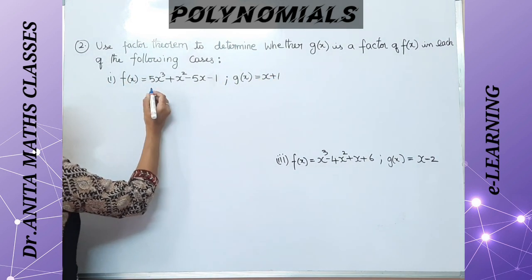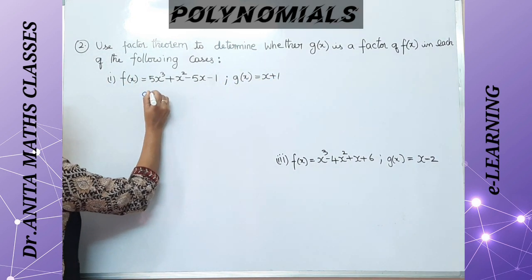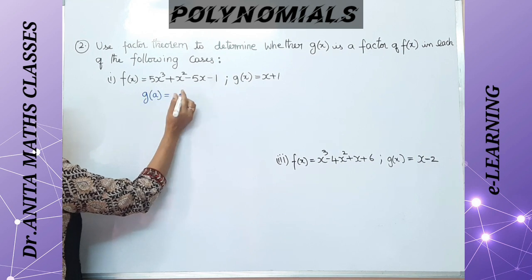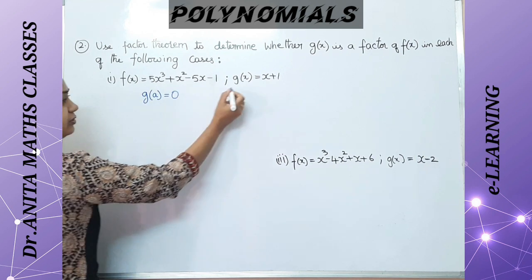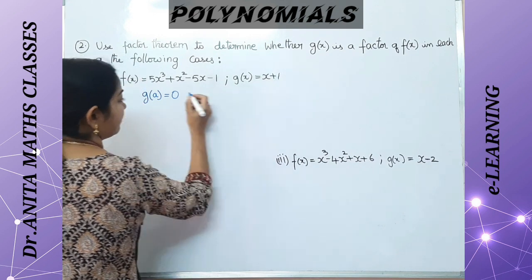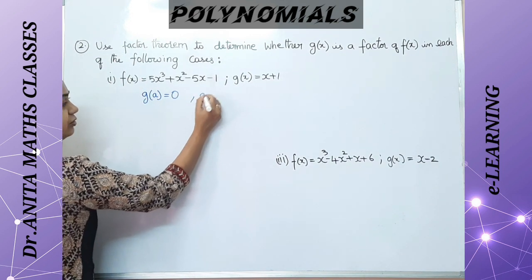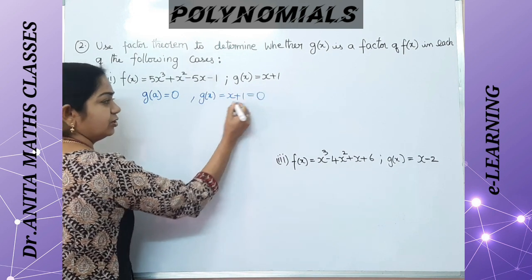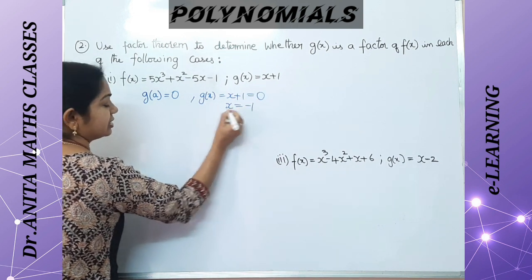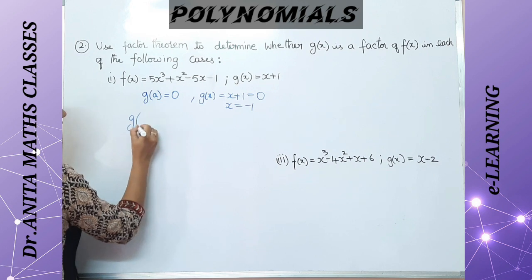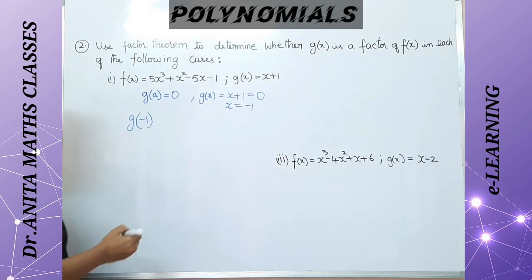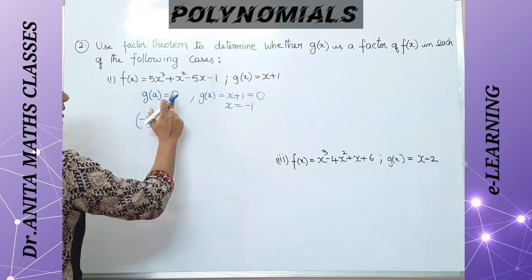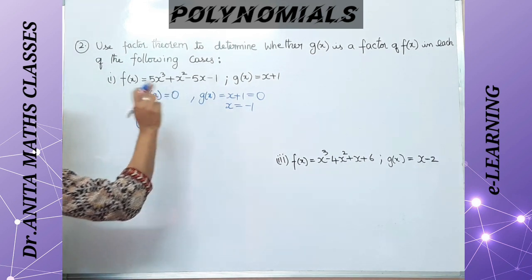So by the factor theorem, g of a should be 0. If you take g of x equal to x plus 1 and equate it to 0, then x is equal to minus 1. So g of minus 1 should be equal to 0.